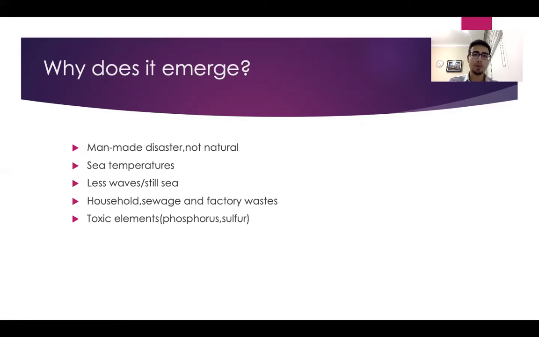When they breed too much and become a lot in numbers, they produce more sea snot. So we can find this kind of equation: the more toxic elements mixed into our waters, the more sea snot we see in the water.